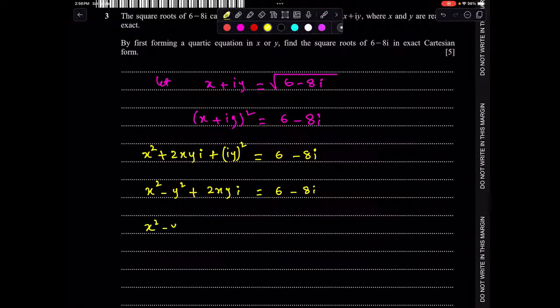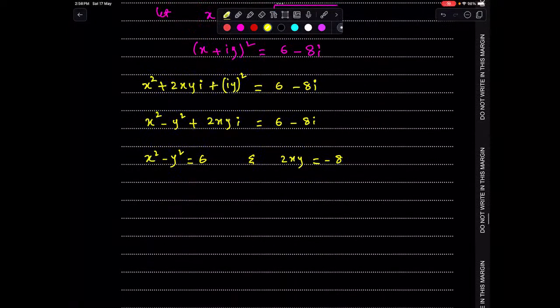So x square minus y square is equal to 6 and 2xy is equal to minus 8. Now find either x or y from this equation. So I'm finding y, so it's minus 4 upon x. Now substitute this into this equation.